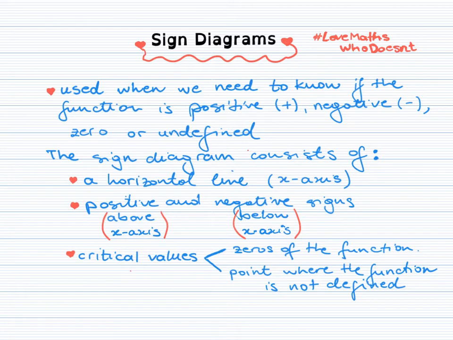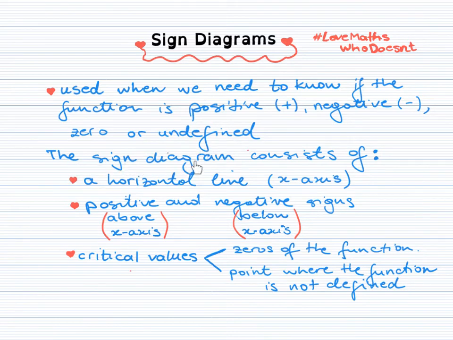Today I'm going to talk about sign diagrams. Sign diagrams are used when we usually only need to know if the function is positive, negative, zero, or undefined.